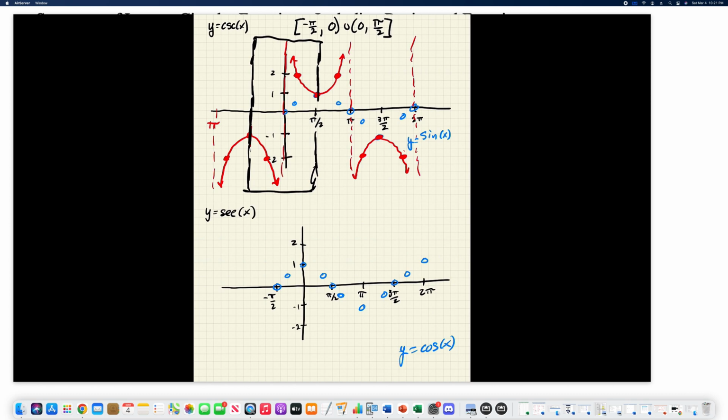So I'll do that real quick. And so again, asymptote, asymptote, asymptote, color in the 1, color in the -1. The 1/2's become 2's. The -1/2's become -2's. And here's my secant curve. Just again, a real quick, rough graph.